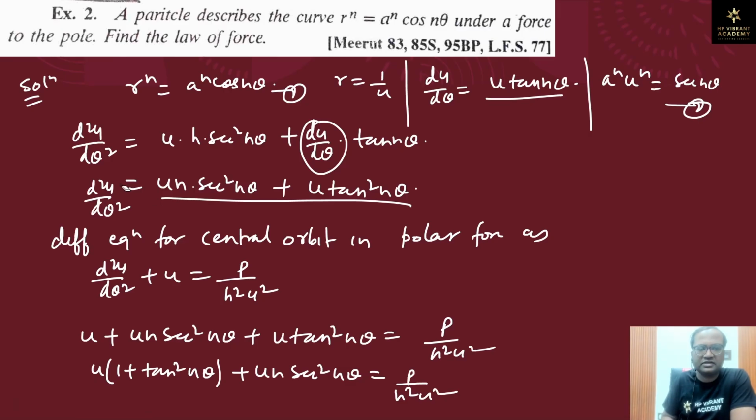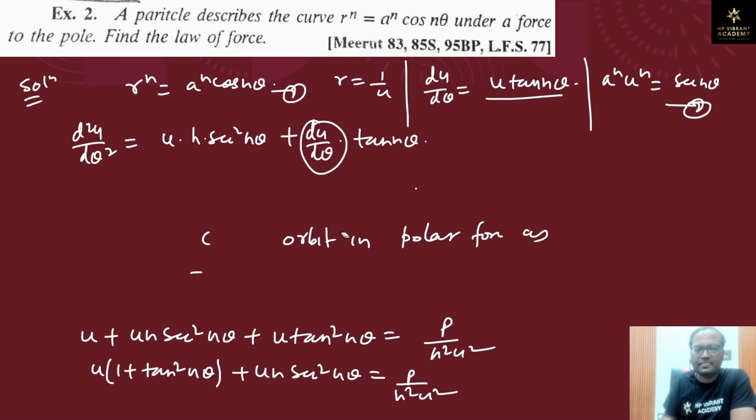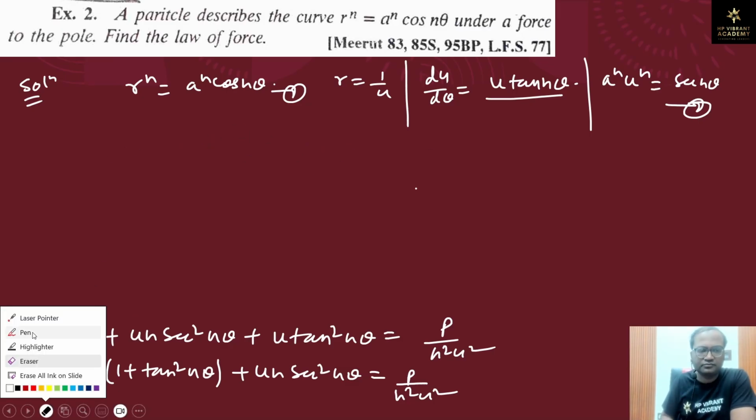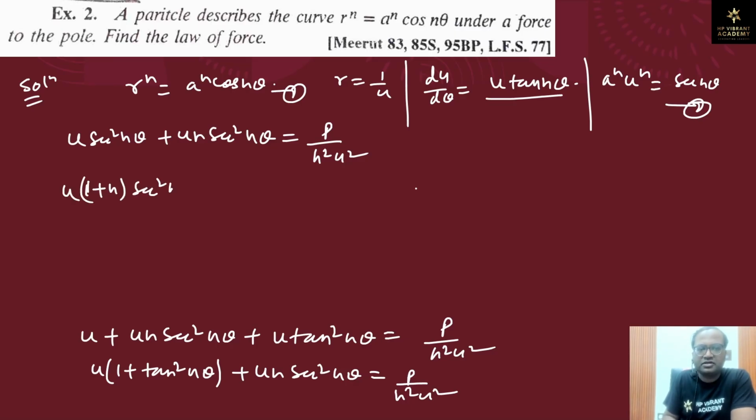Let us further simplify this. So we have u of 1 plus tan square n theta is sec square n theta, plus u n sec square n theta is equal to p upon h square u square. 1 plus n, u times sec square n theta is equal to p upon h square u square.